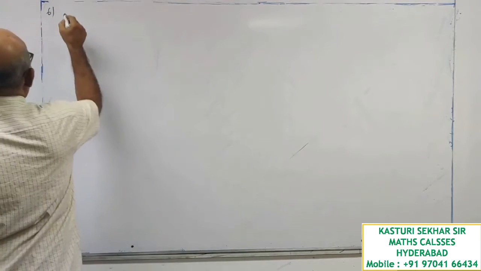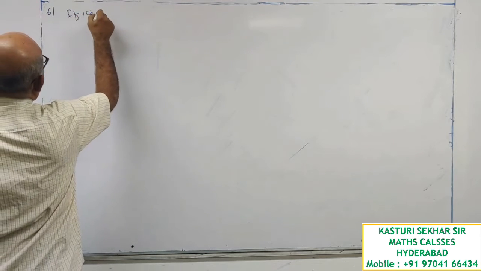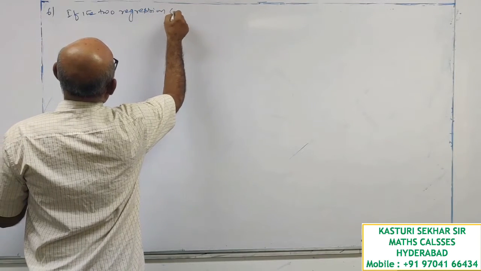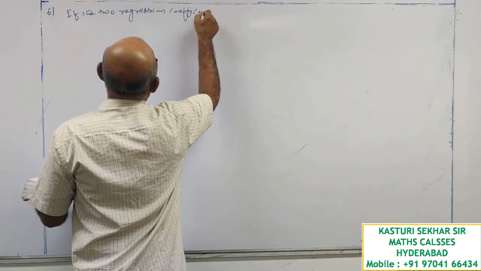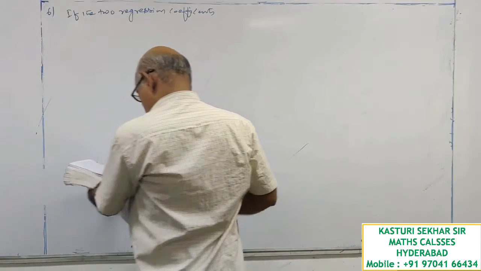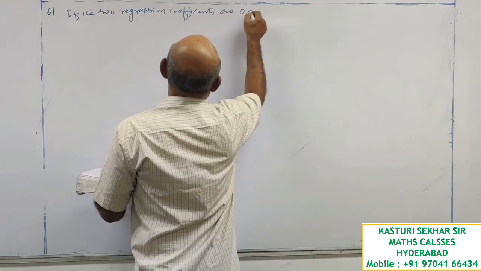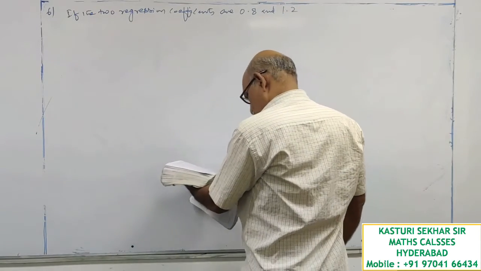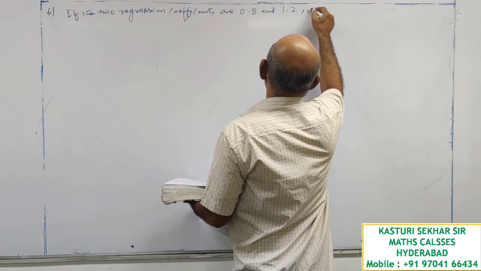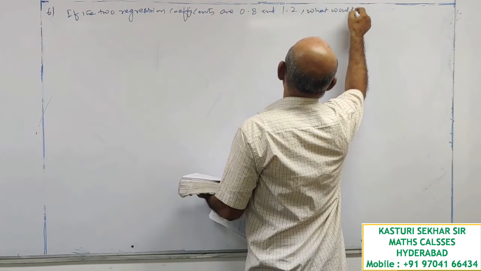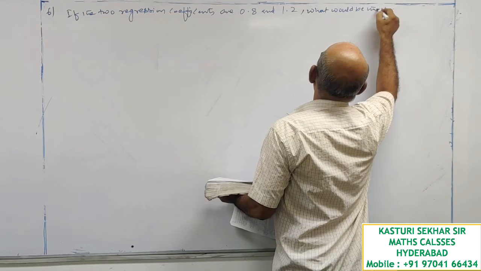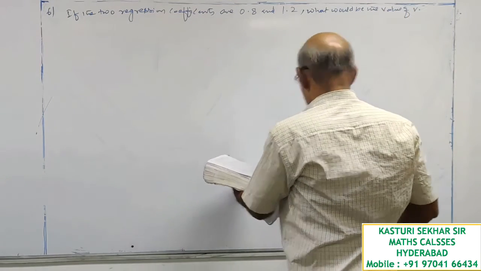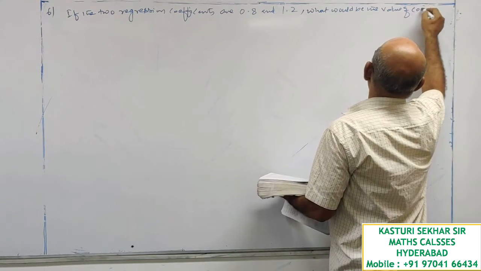If the two regression coefficients are 0.8 and 1.2, what would be the value of the coefficient of correlation?